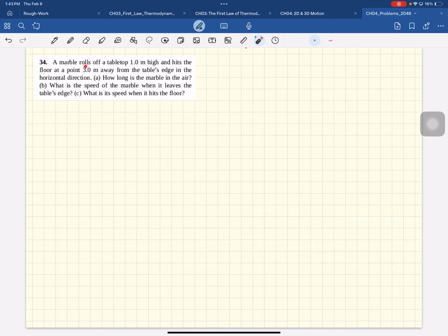So a marble rolls off a tabletop 1 meter high and hits the floor at a point 3 meters away from the table's edge in the horizontal direction.